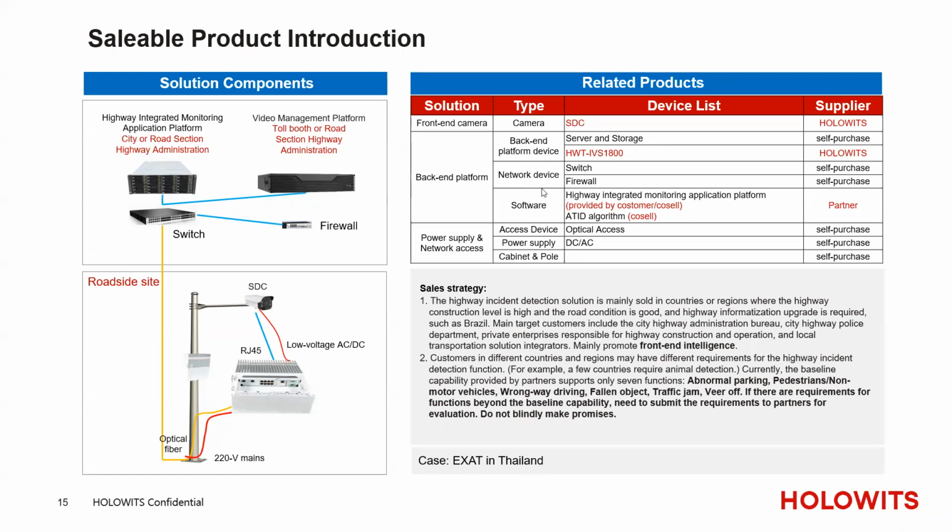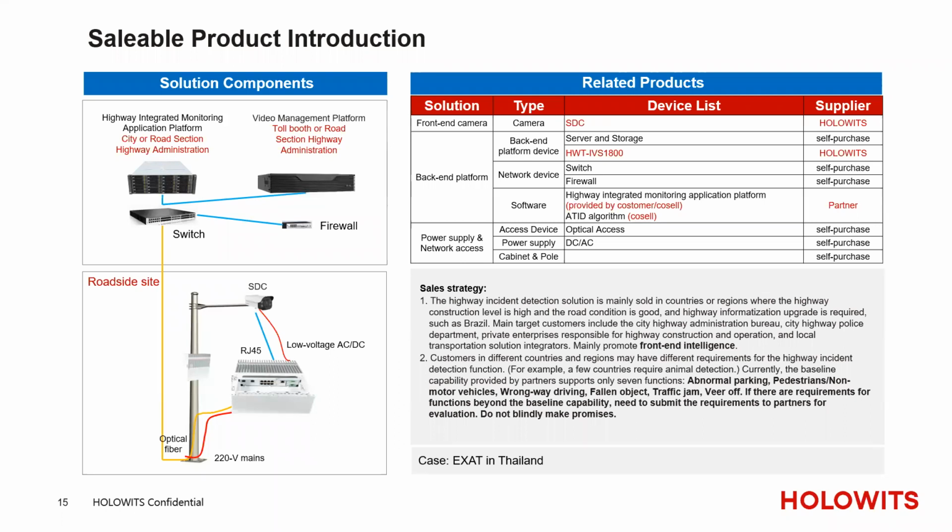And this is the network device, like the switch or the firewall. You can self-purchase, or we also provide the switch. We already provide the switch on our HOLOWITS website. You can check. And also we have many more products that will be published in Q2, because in the last years we focused on our SDC and IVS.